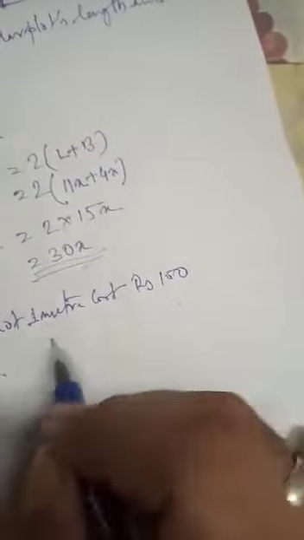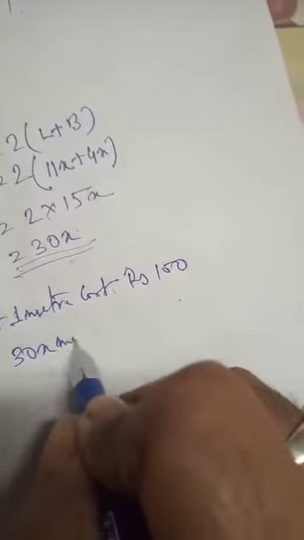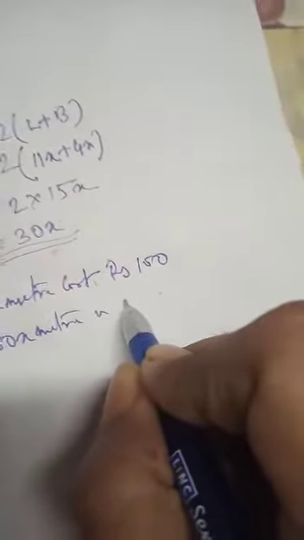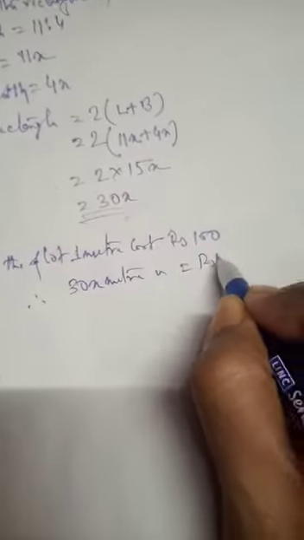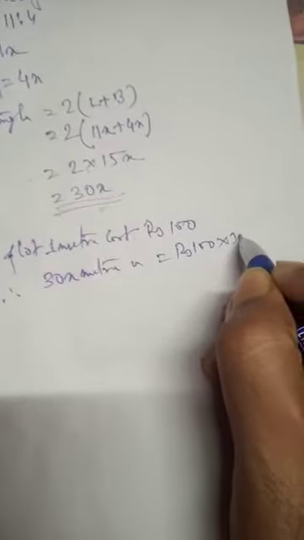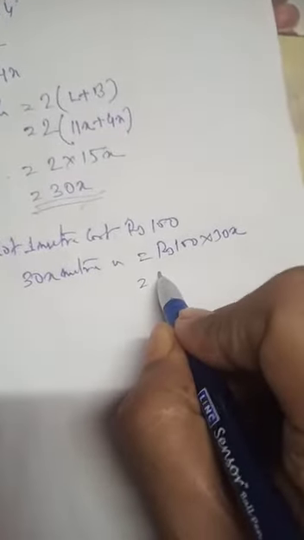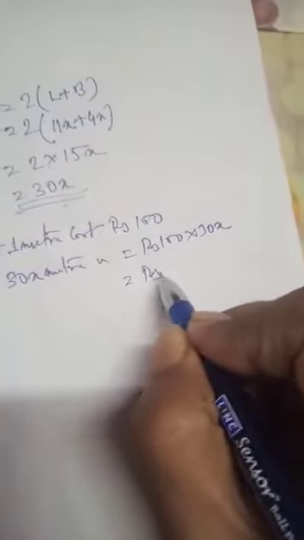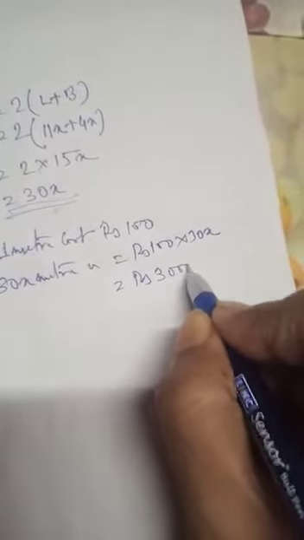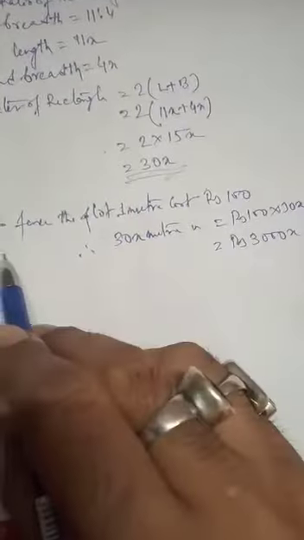Similarly, therefore, 30x meters cost will be rupees 100 into 30x. Therefore we can write rupees 3000x.